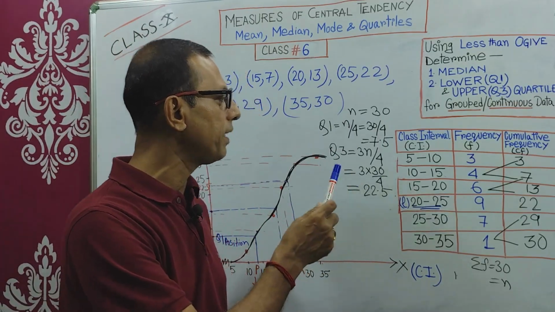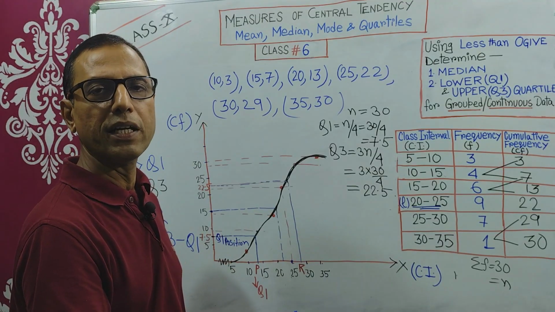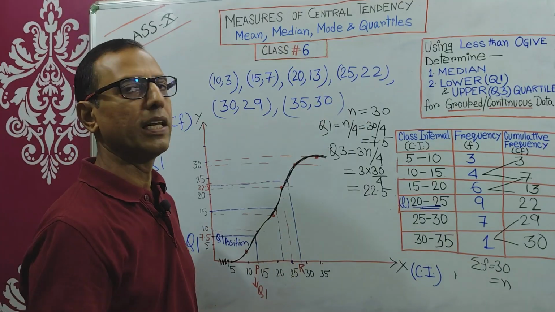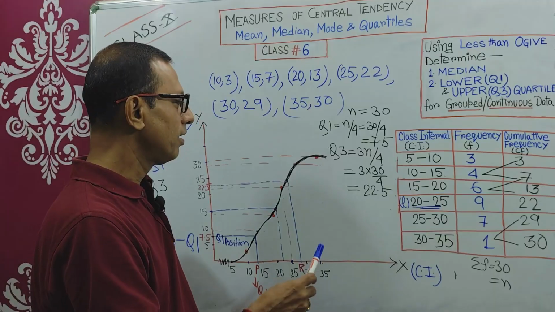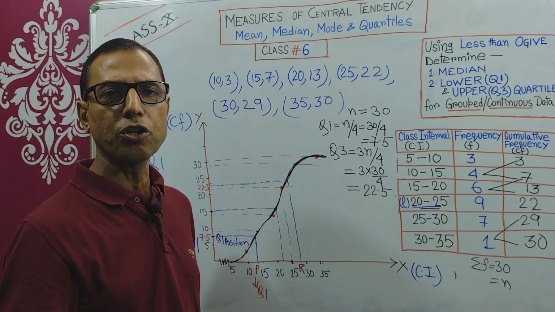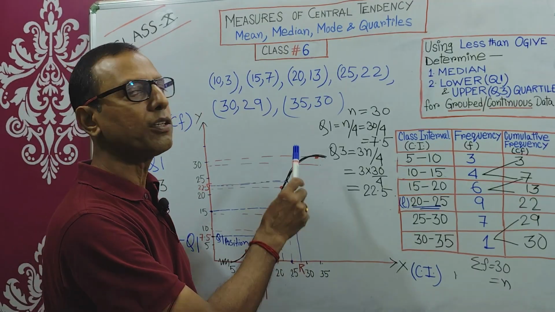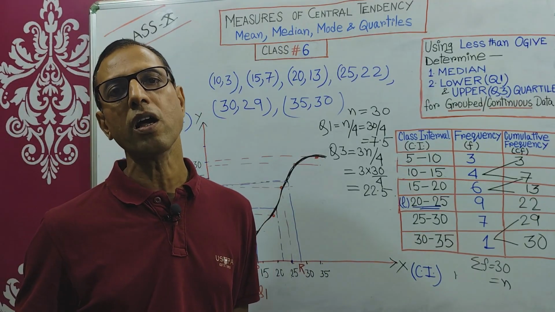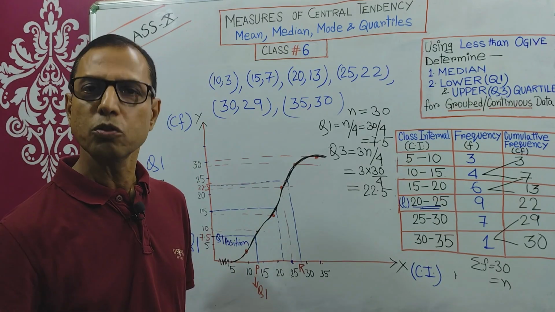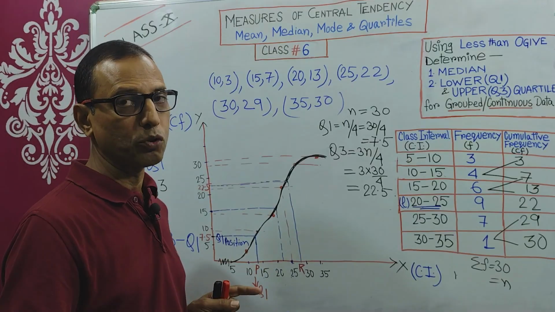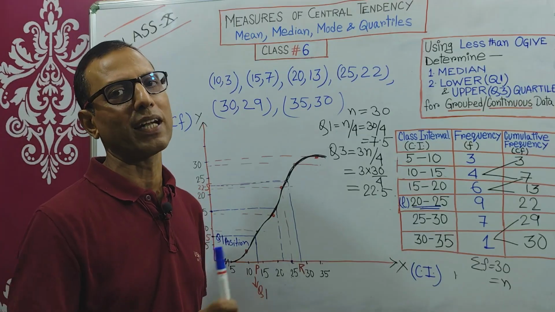And sometimes, if you find the median using the less than ogive for group data or continuous data, just to make sure whether your solution is right or not, you can verify with that formula that I showed a few minutes back. Not necessarily will both values match exactly. There could be a minor difference, but that is absolutely okay.